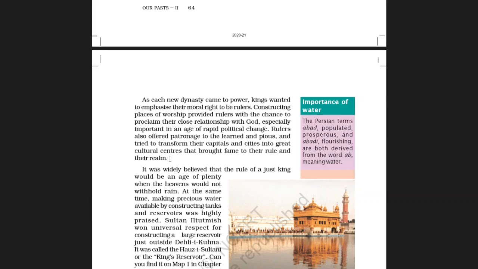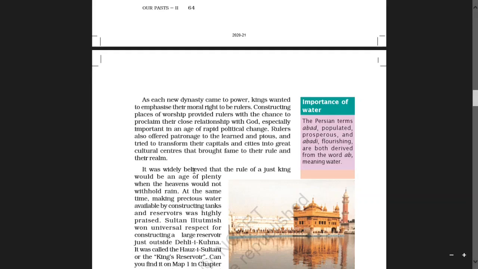Pious means devotedly religious. In order to get name and fame, they used to do such things.